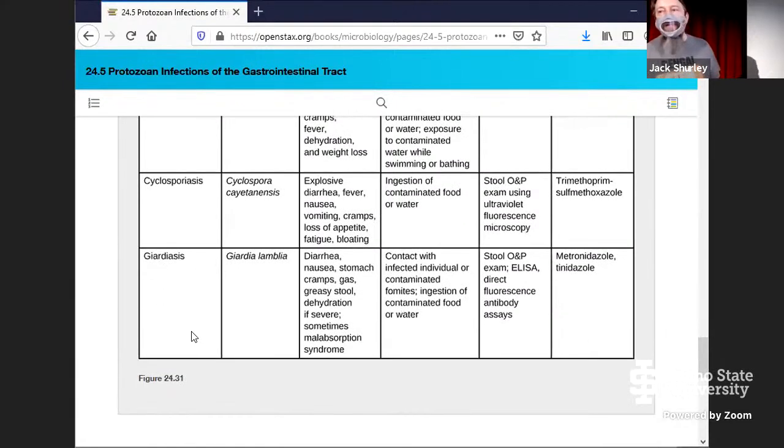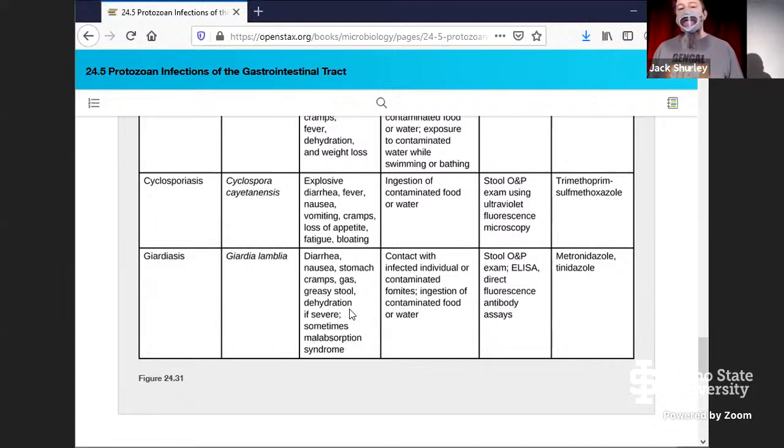Lastly on this list, last but not least, giardiasis, Giardia lamblia, or duodenalis. Giardia, it's got a handful of different names that we will accept. Parasitology textbook talks about these guys as duodenalis because that's where you would expect to find the bulk of them.